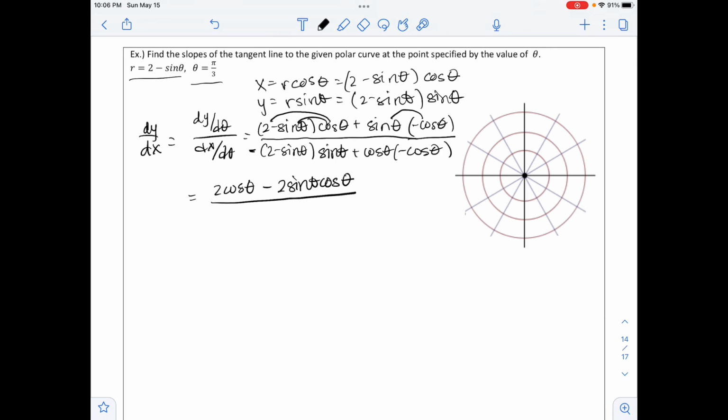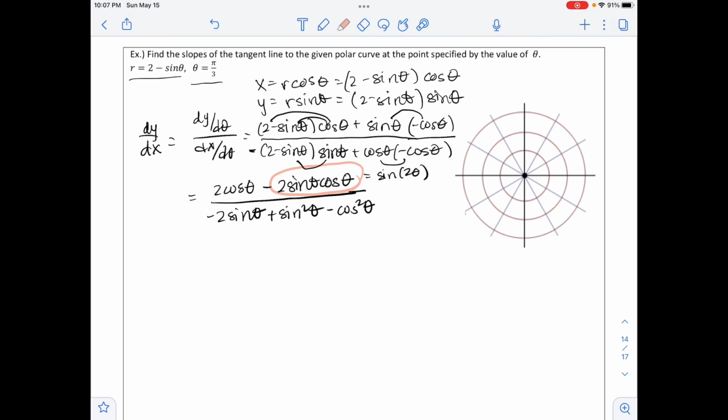over, and likewise in our denominator we're going to have a negative 2 sine theta, and then we also have a sine theta times sine theta, and also with the negative, so it's going to be plus sine squared theta. And then we have a minus cosine squared theta. So a few things to note. The first one is what we have up here in the numerator, which is 2 sine theta cosine theta, and this is equivalent to sine of 2 theta.